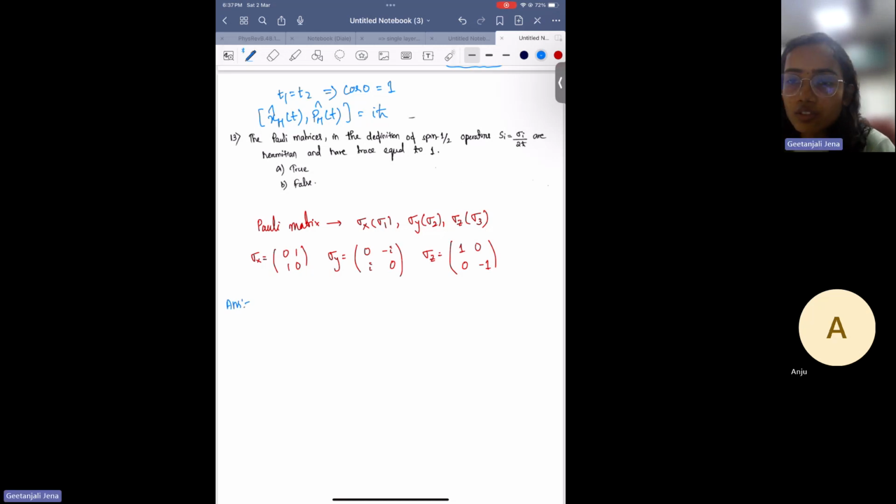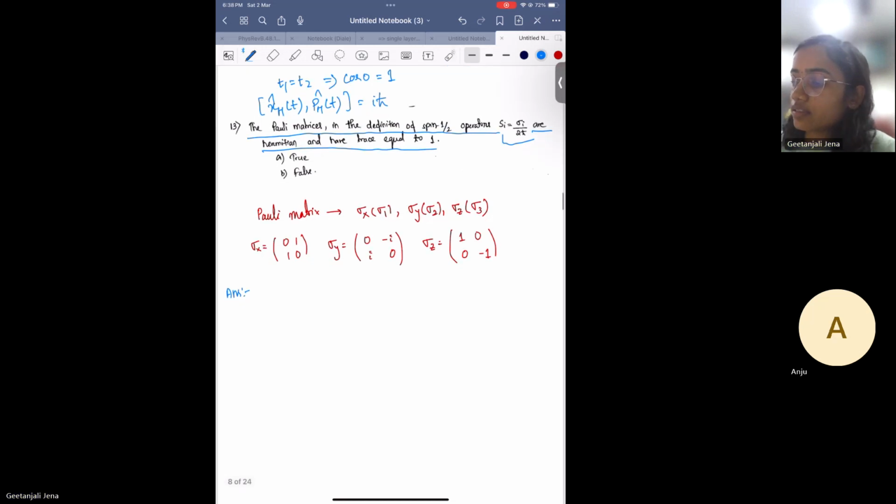So the fourth question is like this. The Pauli matrices, the definition of spin half operator, which is S_i equal to sigma_i by 2 ℏ, are Hermitian, and if trace equal to 1. So it is asking whether this statement is true or false.